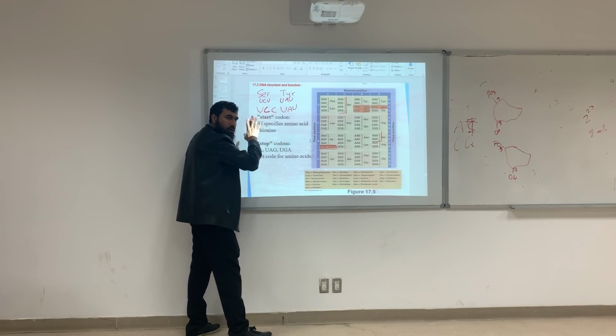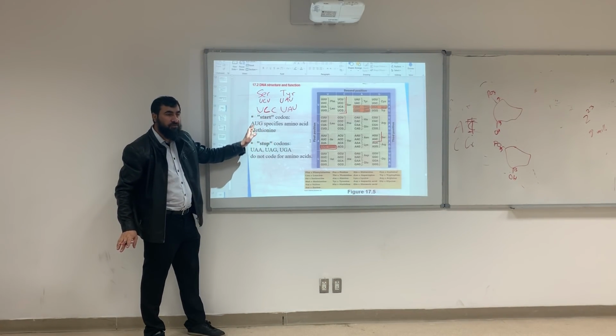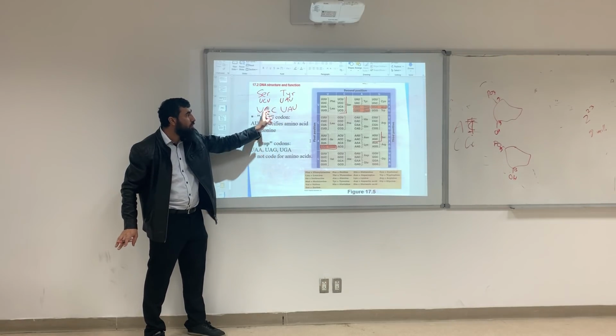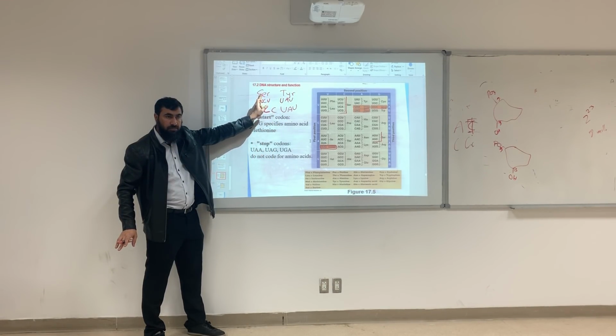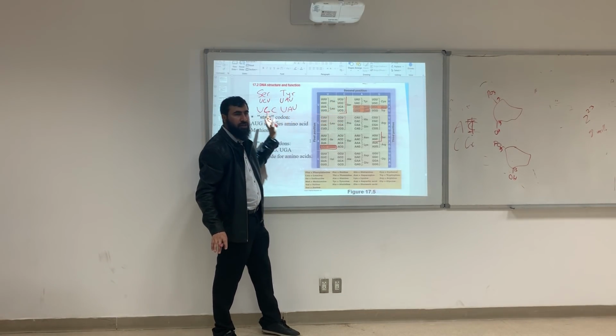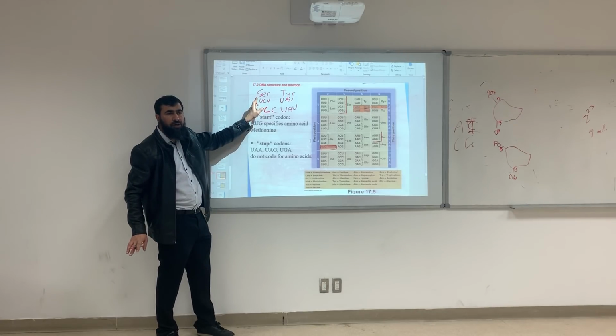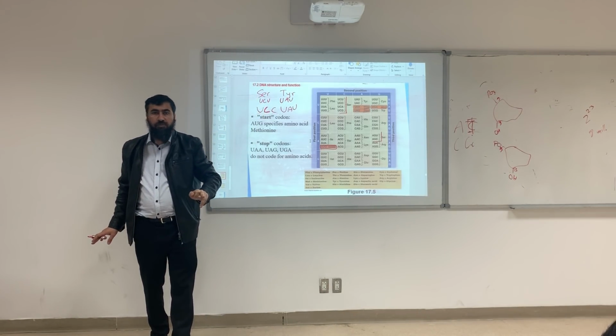Then it can change. So you see that the messenger RNA could be many different variations, but it will still code for the same amino acid, because we can use any one of these codons in the messenger RNA to code for the same amino acid. Do you get the point? Everybody got that point?